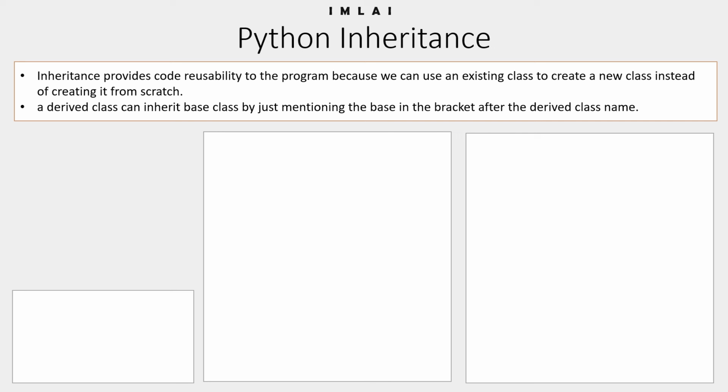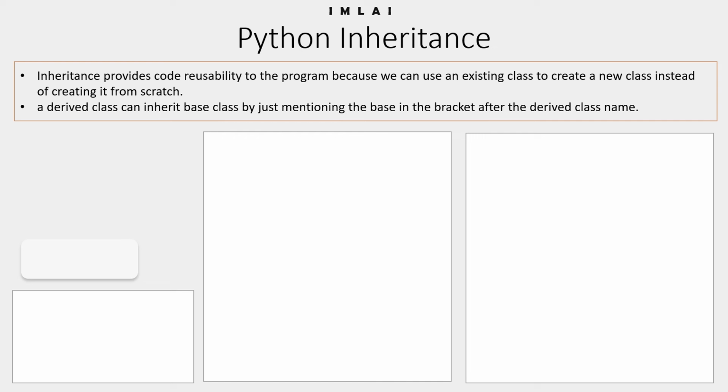A derived class can inherit a base class by just mentioning the base in brackets after the derived class name. I will show you how that looks. Of course, we have done it many times so far, but still I will show you again. So this is our derived class, and it's supposed to get its attributes and methods from somewhere else.